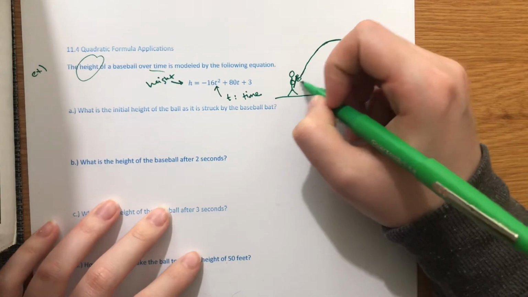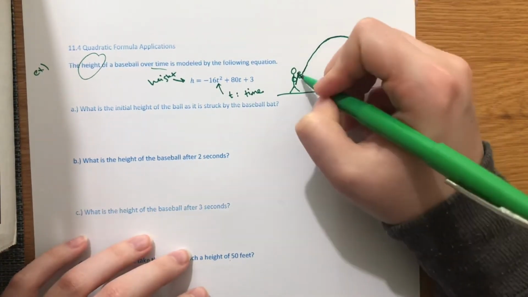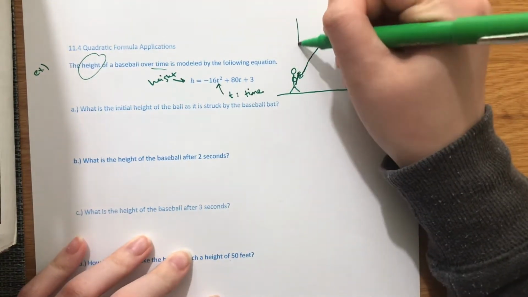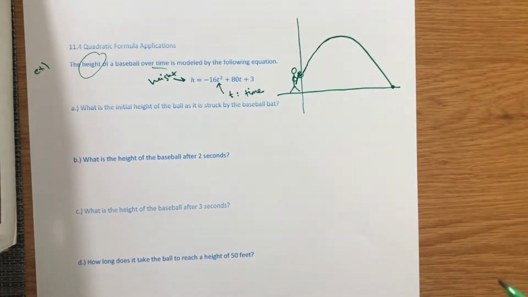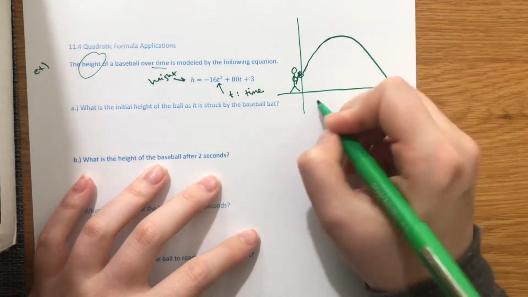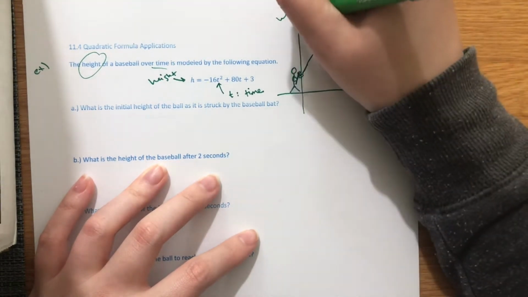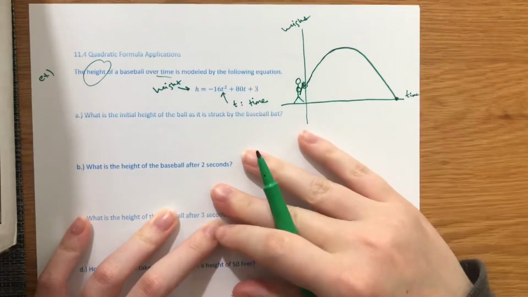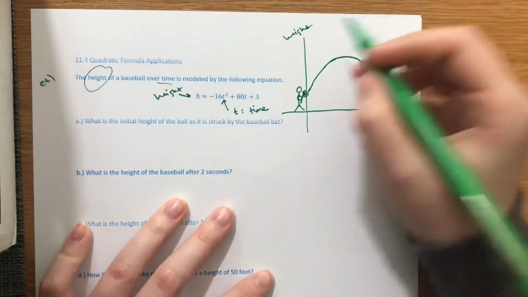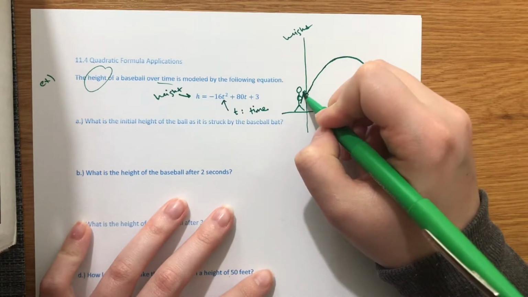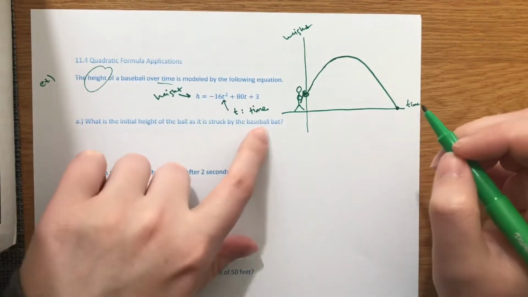And so it's really just the graph of a parabola. And so the initial value of your baseball path is here. This is kind of like if we graphed it. This represents time, so this is your time axis. Time. This is the height of your baseball. And so we want to know, well, what was the height of the baseball when it got struck?